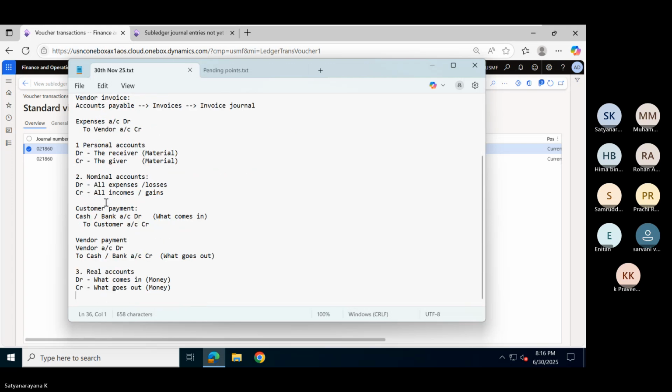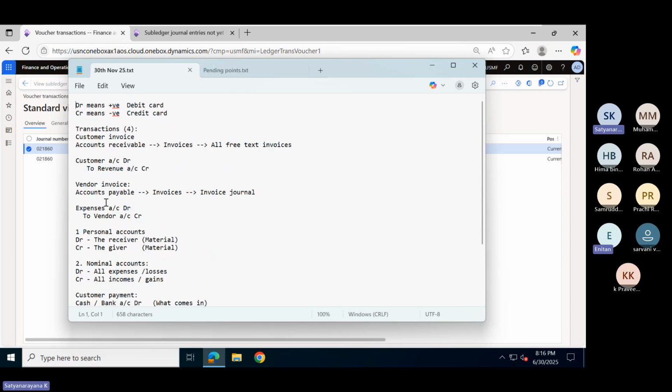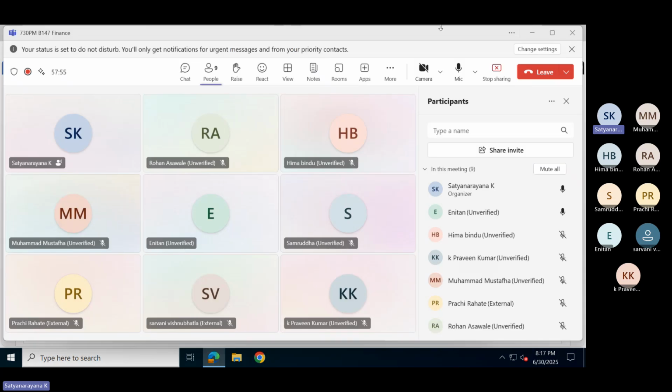These 3 golden rules, these 4 transactions are very basic fundamentals you need to remember. I'm not teaching only one person, I'm giving information to everyone.